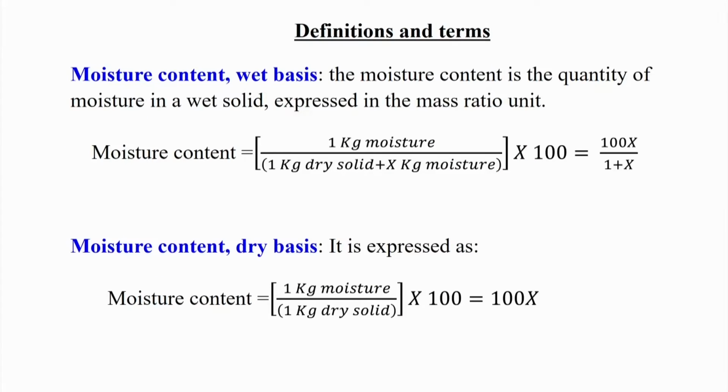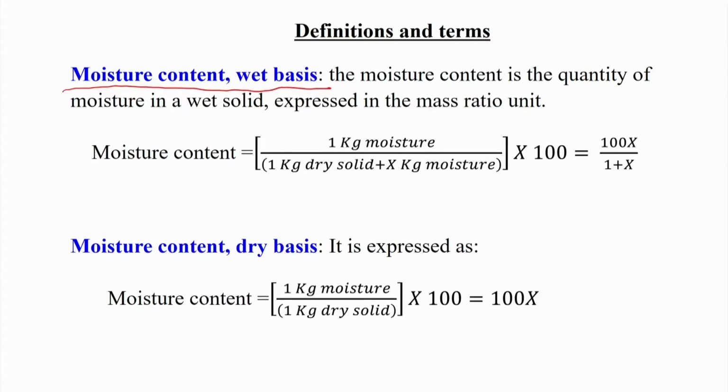Now, we should learn some typical terms. The first term is moisture content. We need to express the moisture content either on a wet basis or on a dry basis.